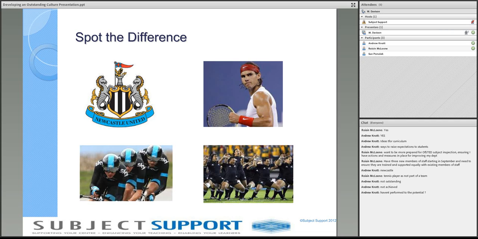Yes, I would certainly agree about having performance potential. The main thing I think of when I see those 4 things is that Newcastle aren't outstanding because they haven't got an outstanding culture. For example, Newcastle could quite happily win a game. It doesn't happen very often, but they can have a good result every so often.